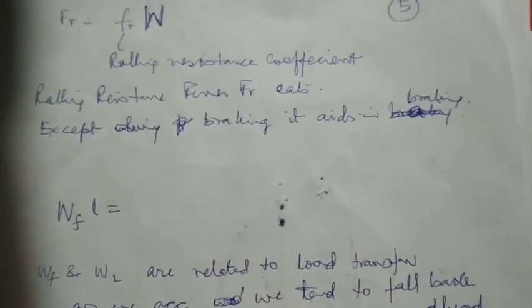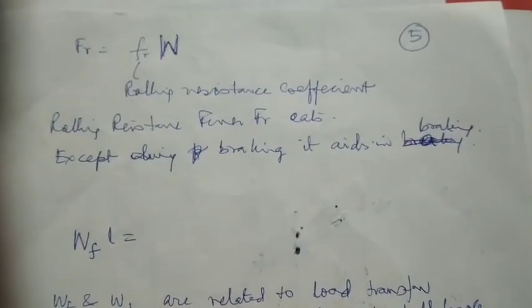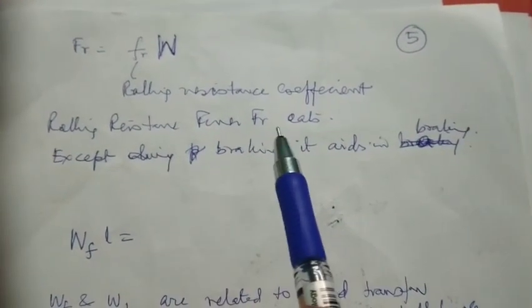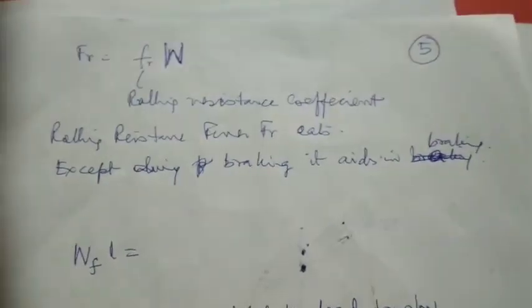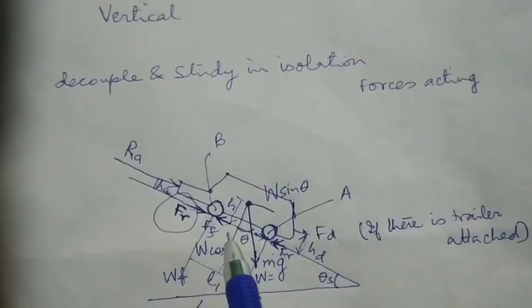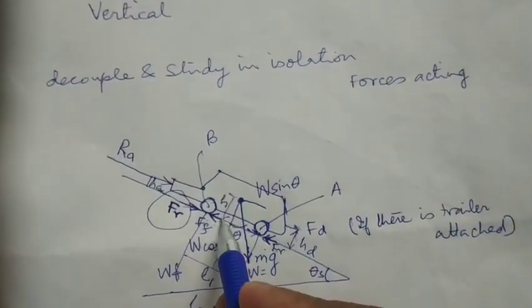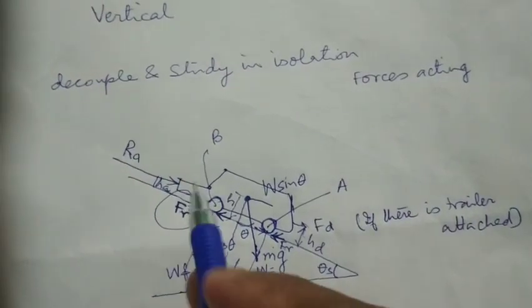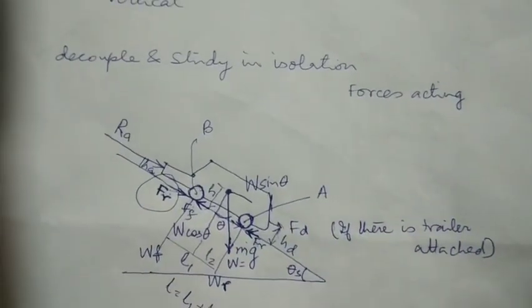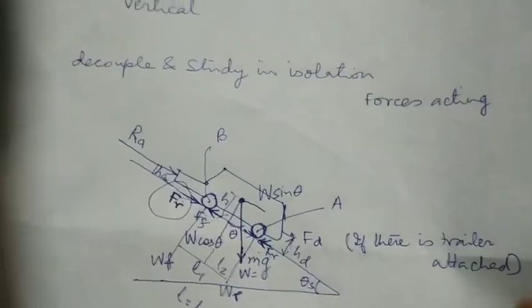So when we are trying to move, this rolling resistance is actually opposing the movement of the vehicle. If we see here, this is the tracking force and this is the rolling force. This rolling force is opposing the movement of the vehicle.